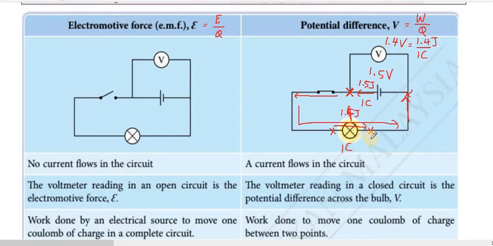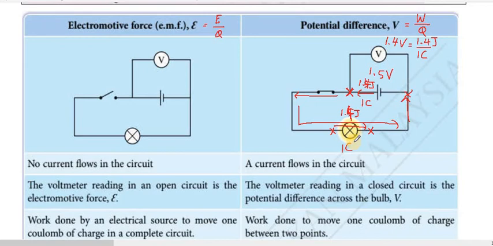So if the 1 coulomb of charge only does 1.4 joule of work, it means that the 1 coulomb of charge, when it comes out of the dry cell, only has 1.4 joule. It doesn't have 1.5 joule. So why is it like that?